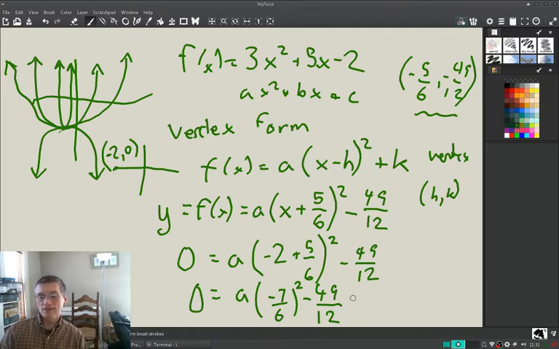Alright, let's square that now. Square makes the minus sign go away. 0 equals a times 49 over 36 minus 49 over 12.